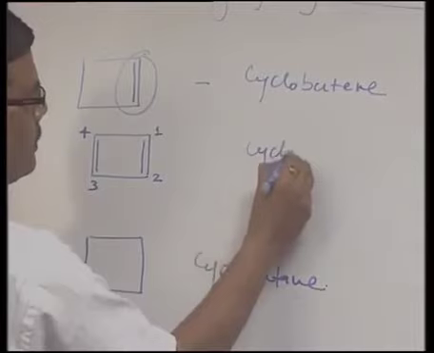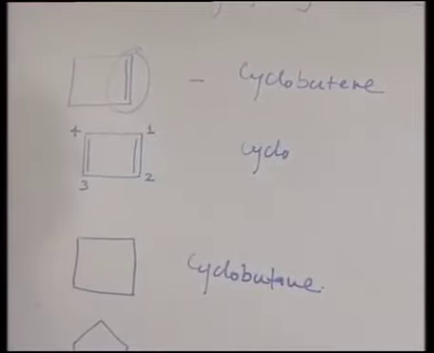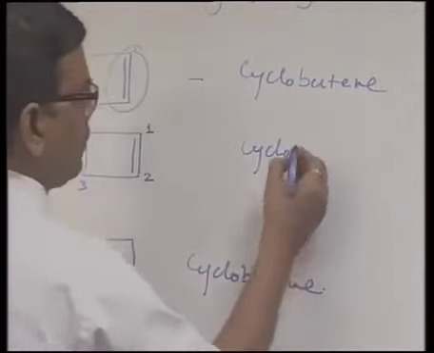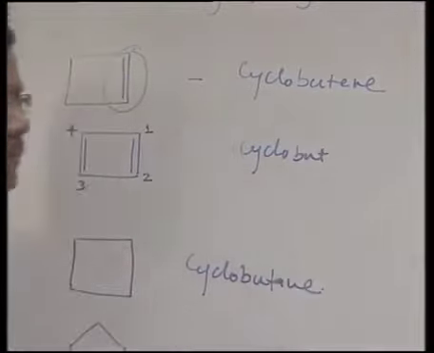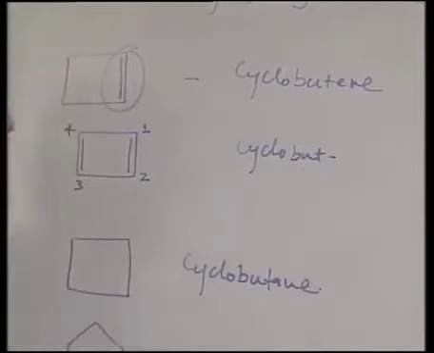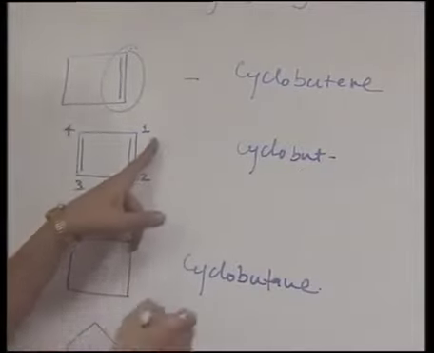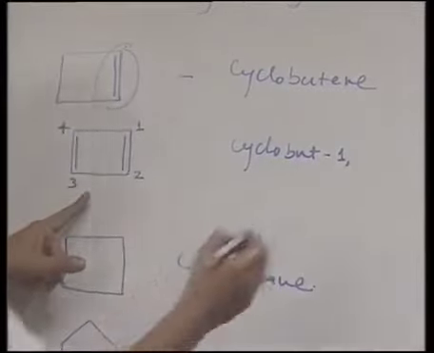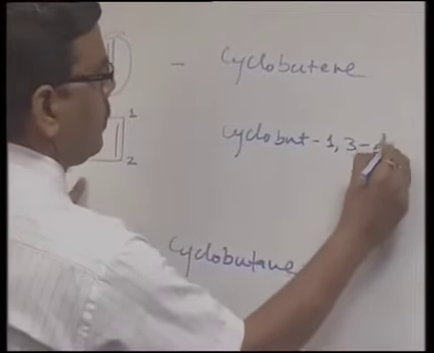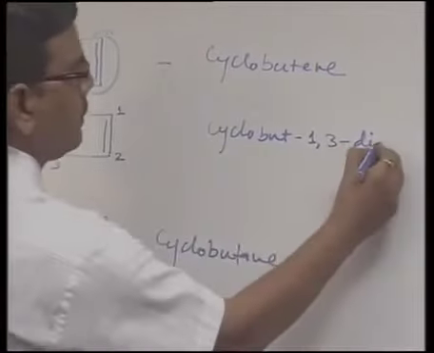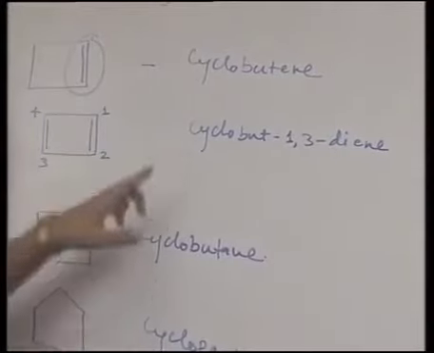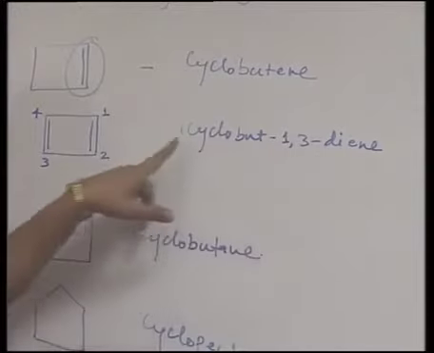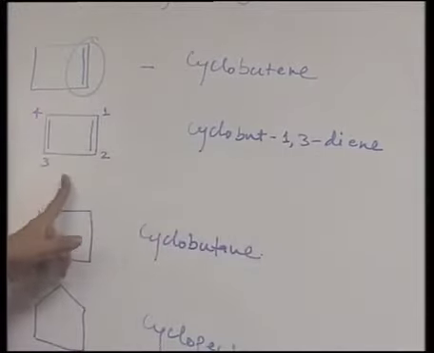First you add the word cyclo, that is a cyclic structure, and then its number of carbon atoms, that is 4, but, and then its positions 1 and 2, the least number 1 will be considered, and then 3 and 4, the 3 will be considered, and then we use di and then ene. The name is cyclobuta-1,3-diene, the IUPAC name for this type of cycloalkene.